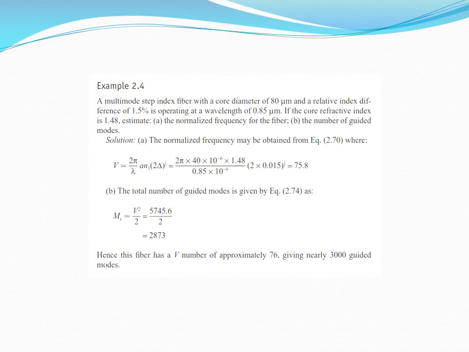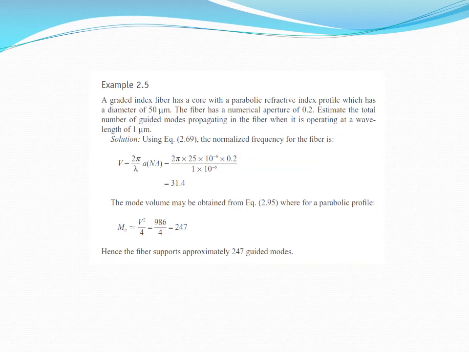So it is 2 pi into a, where a is the fiber core radius, 40 into 10 power minus 6, into n1, the refractive index of the core, which is 1.48. Based on that we can find V.